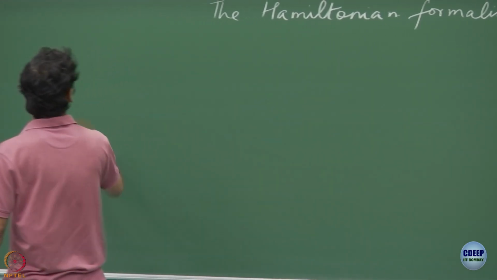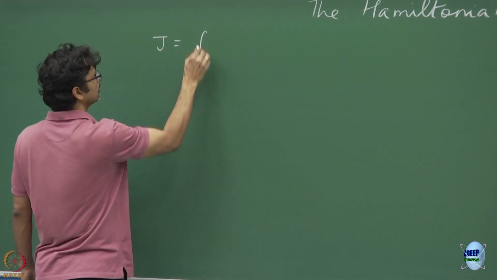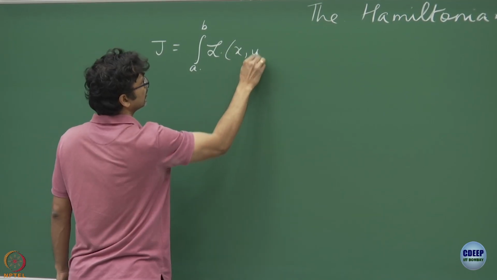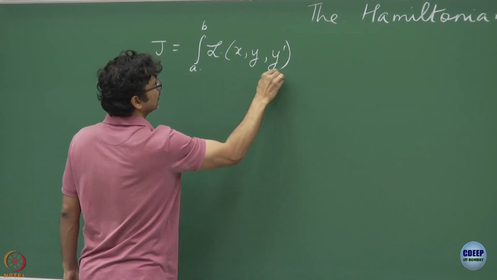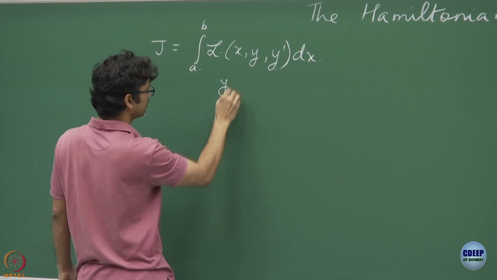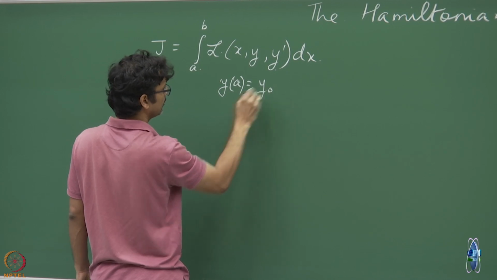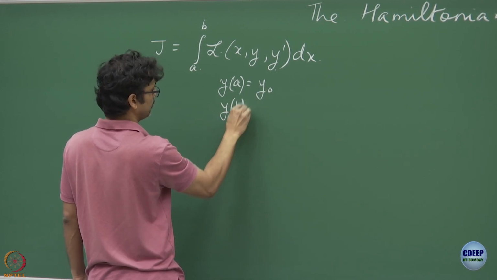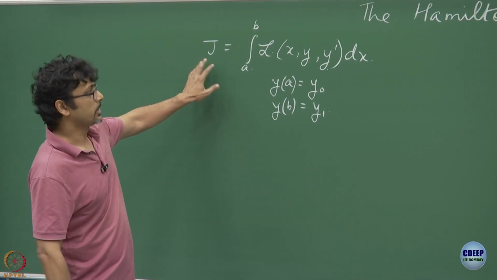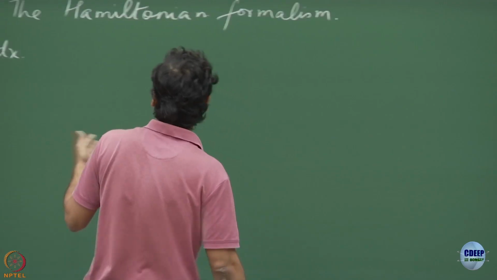So again, recall that we have the following. Right, so this is the objective function or the cost function that you had to minimize, and we define the following.